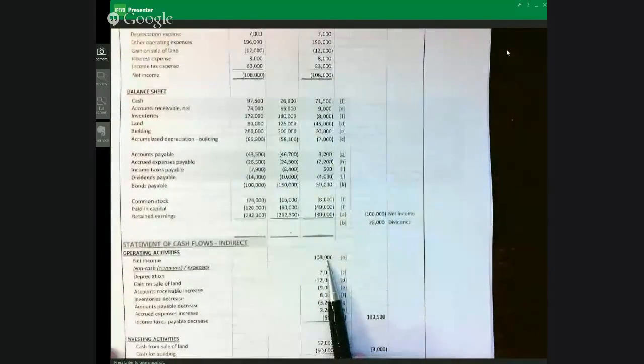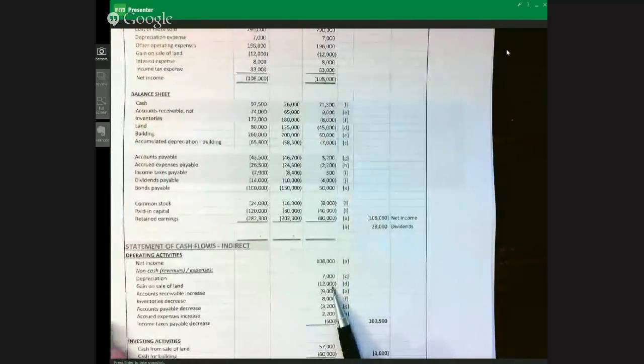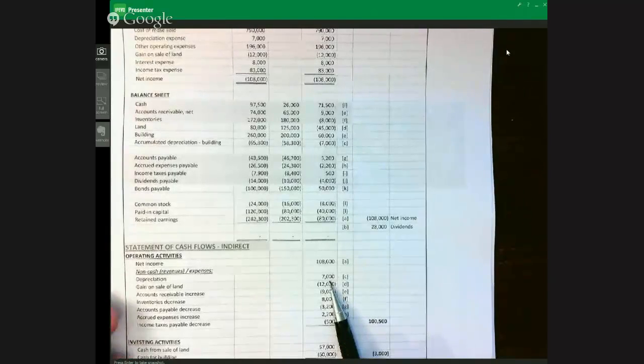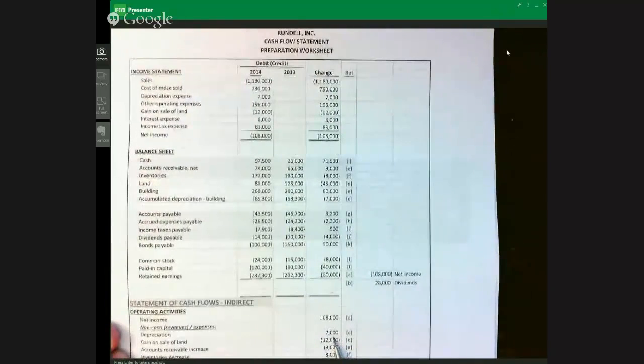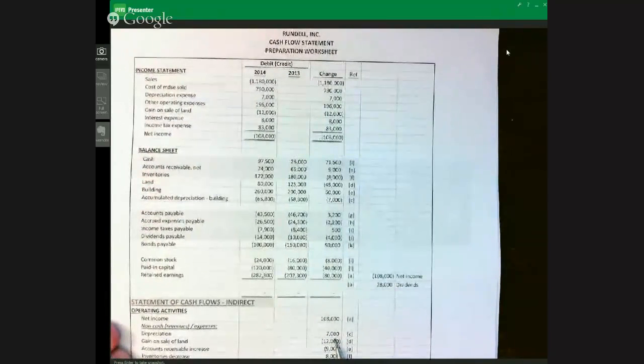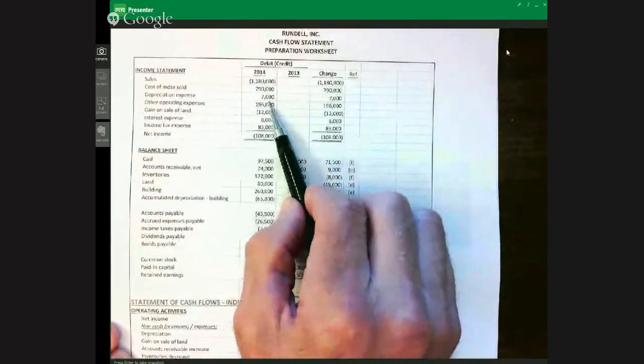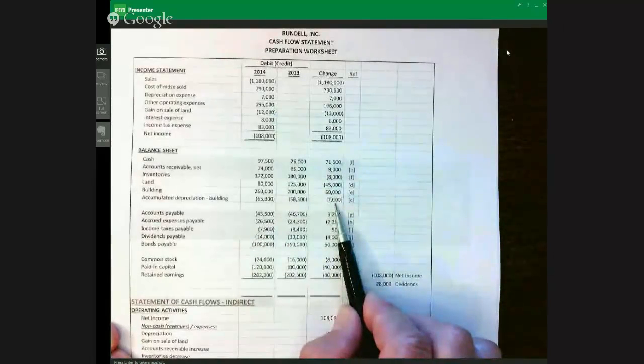Okay, now the income statement is comprised of some items that do not necessarily result in the flow of cash. One of those items is depreciation expense. When a company incurs depreciation expense, it will debit depreciation expense and credit the account accumulated depreciation.